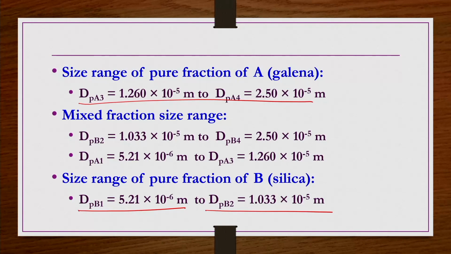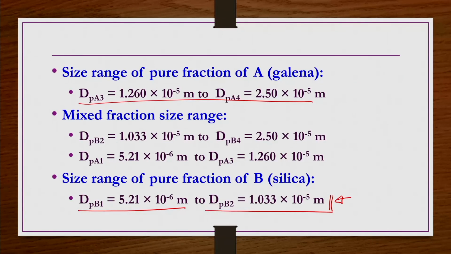finest particles, the smaller size particles, but lighter density material. So, they will be forming almost a pure B fraction at the top, because no A type particles are going to have a settling velocity as low as the particles of this range of B type particles.